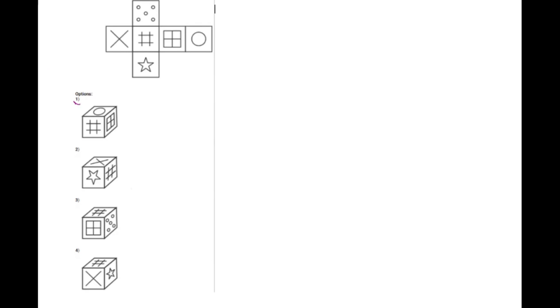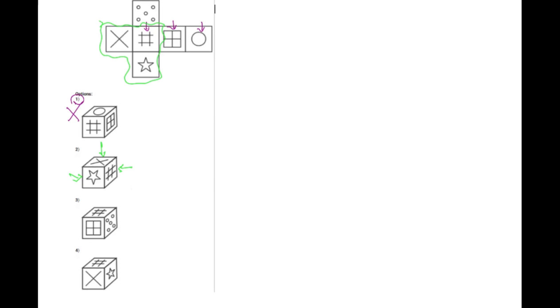We can notice the first option, he took this one and this one and this one together, so it can't be true. The second one, we have the X mark and this window here and the star, which means we have these three together.